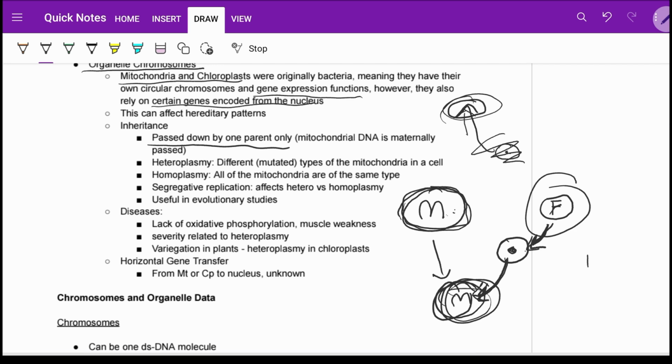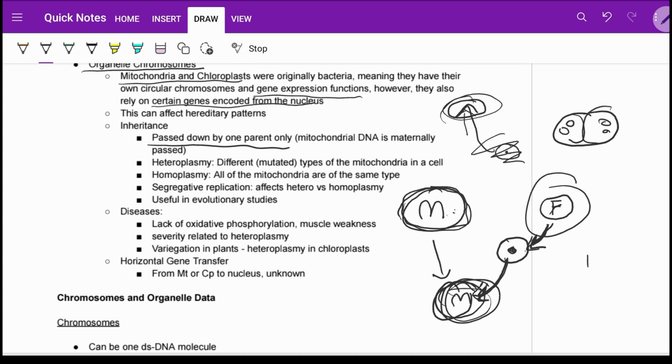We also have something called heteroplasmy, which means that you could have different types of mitochondria in a cell. For example, if a mitochondria mutates, or perhaps different lines can get muddled, and whenever a cell divides, it roughly splits its mitochondria, or chloroplasts, just like bacteria split their plasmids.